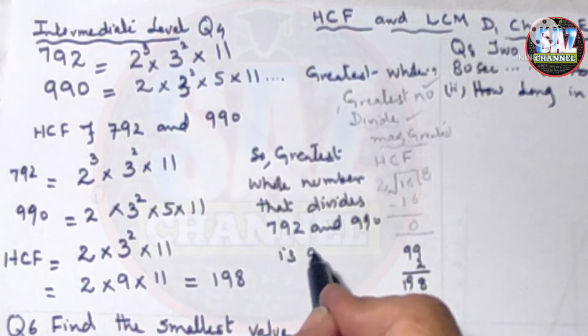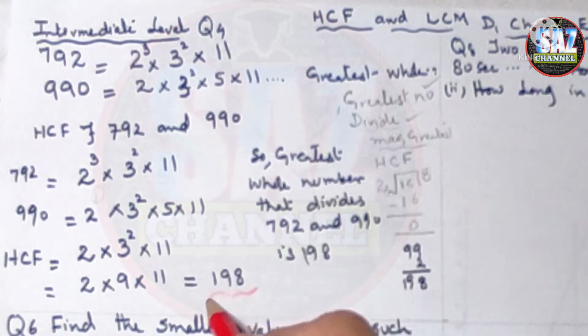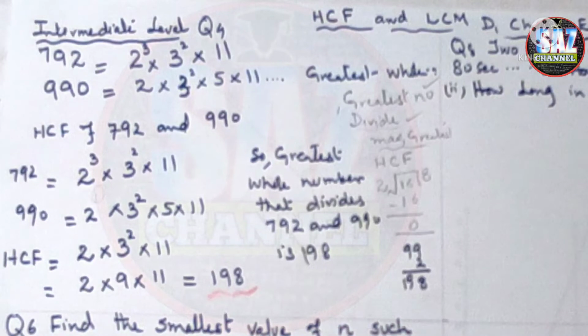We said in the beginning that if some number divides another number exactly, then the remainder is 0. If I divide 792 by 198, my answer is 4. And when I divide 990 by 198, my answer is 5. So it means my working is correct, and this 198 is the greatest whole number that divides the given numbers exactly.